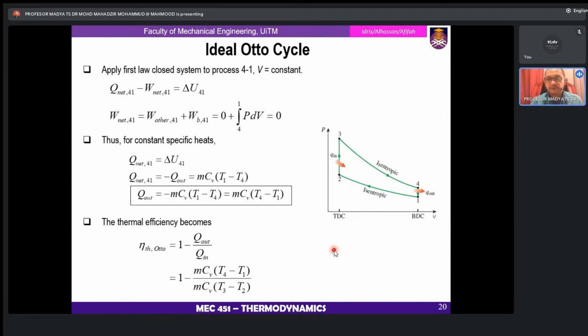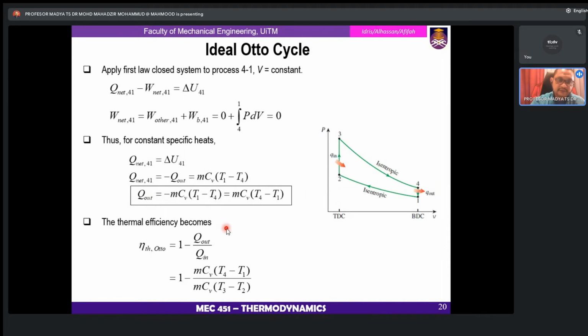For process 4-1, as mentioned, for constant specific heat, the Q net, at this situation we only have Q out.